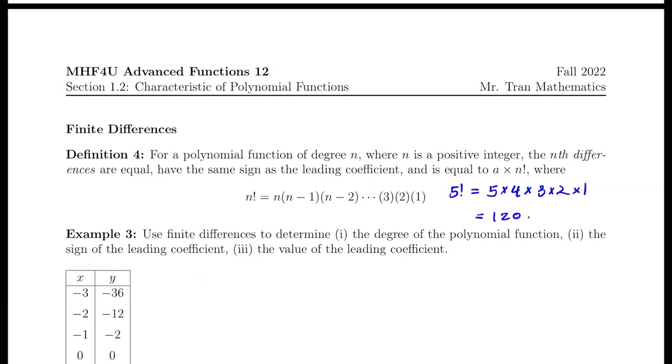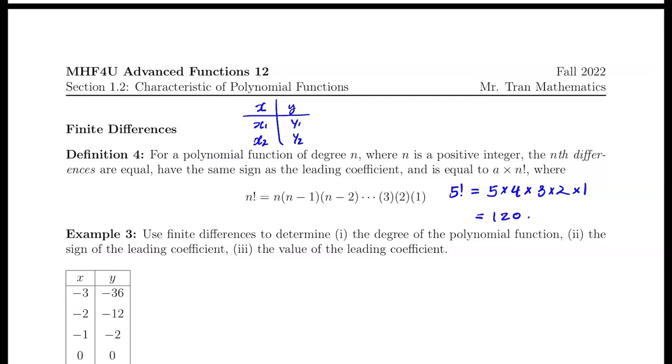So with finite differences, this will allow us to determine the degree of the polynomial. It will allow us to determine the leading coefficient and the sign of the leading coefficient. So say we are given a table of values of x and y. To find the finite difference, let's say we're given x1, x2, and then y1, y2, for example.